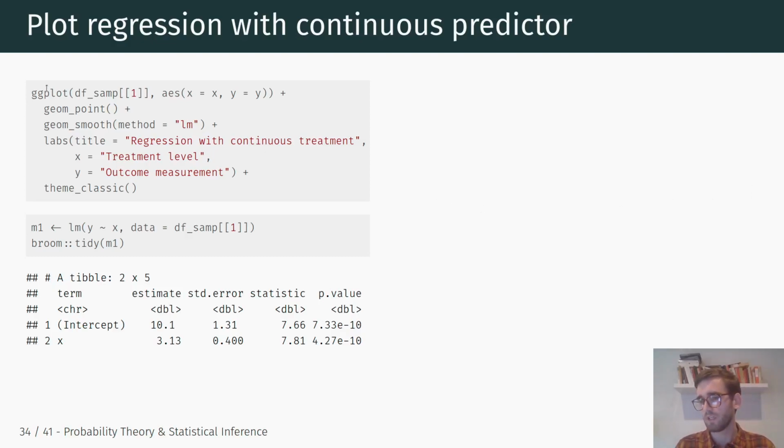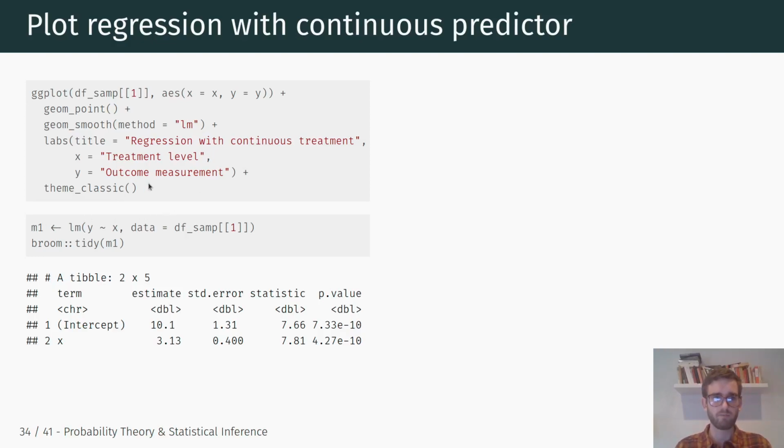To plot the regression line and the actual scatter plot for one sample, we just select one element from our list of samples. Our aesthetic mapping is x and y for the specific axes. We add our scatter plot as well as a linear fit, and then add some labels consistent with the plot that we want to replicate in the textbook.